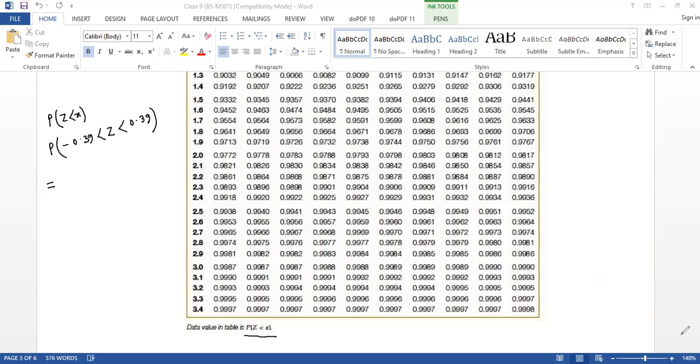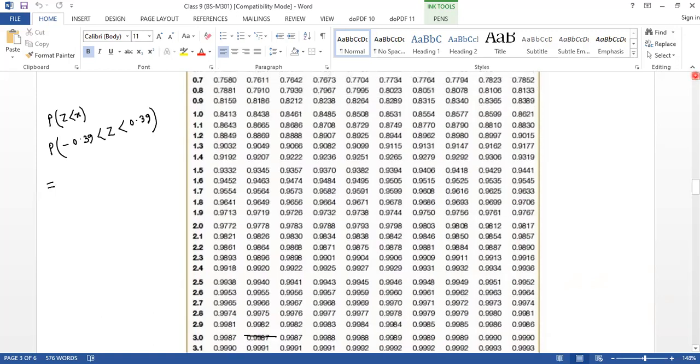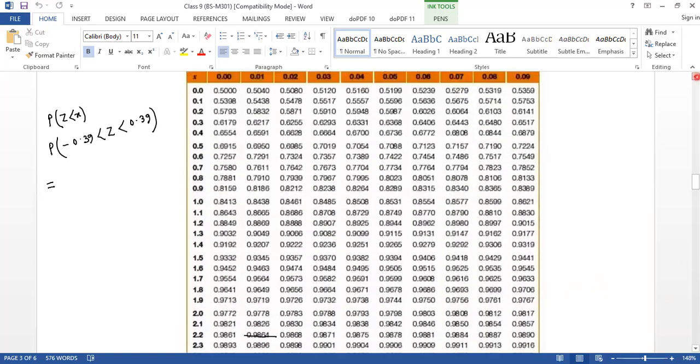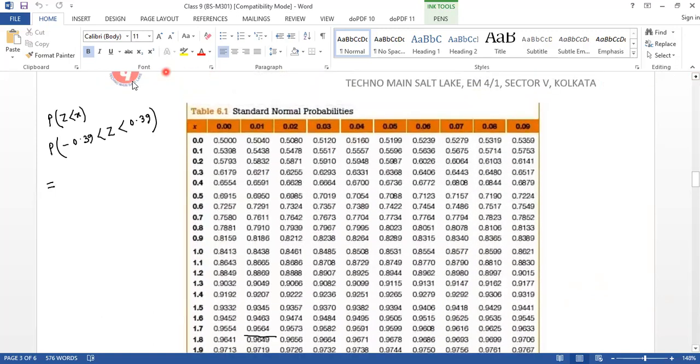Just a minute. Let me scroll a bit up in the table, and you find that the meaning of this particular table is the following.